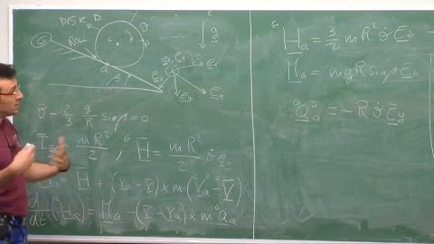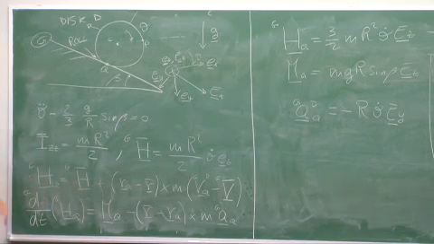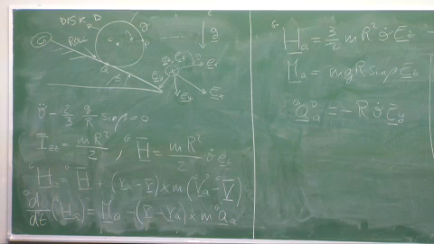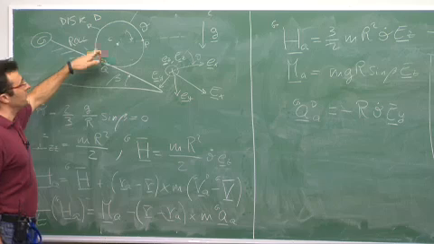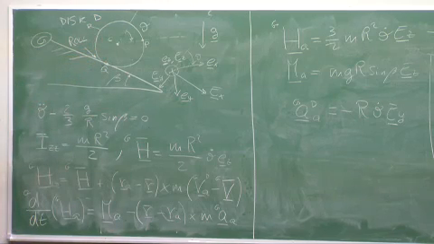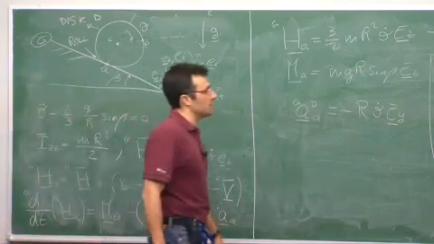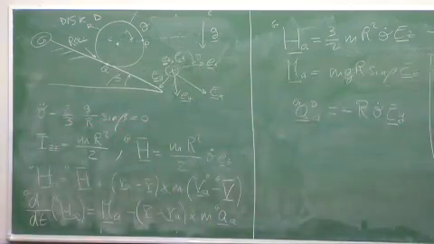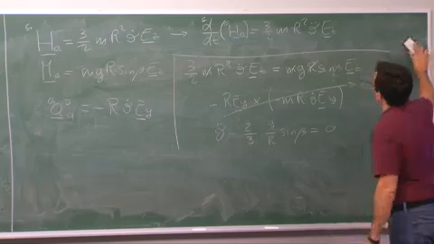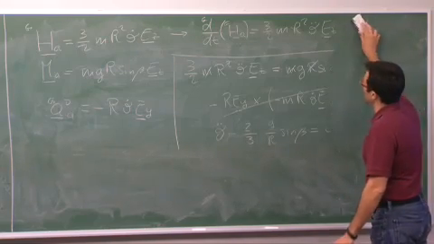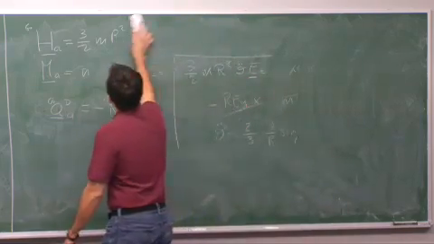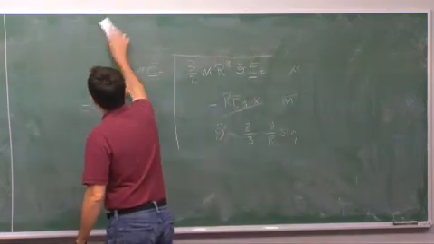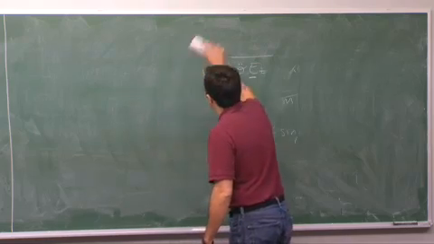Let's do it with respect to yet another point, just for fun. Just to show, because so far I've picked points that are fixed to the body, right? Center of mass, and another point which happens to be the point of contact, but it's fixed with respect to the body. So we discussed last time that picking just a point fixed to the inertial reference frame is probably not a good idea, right?